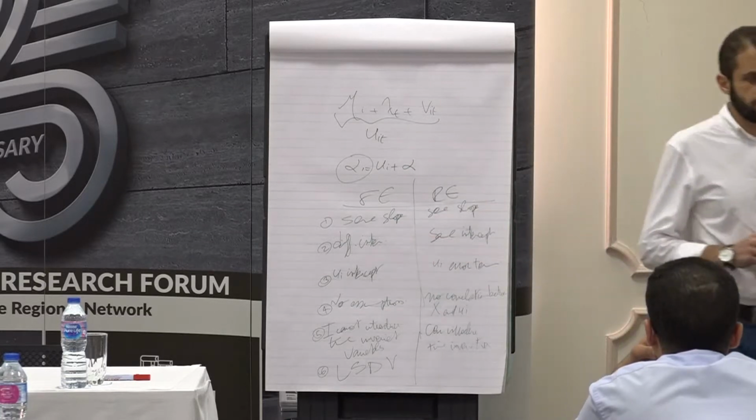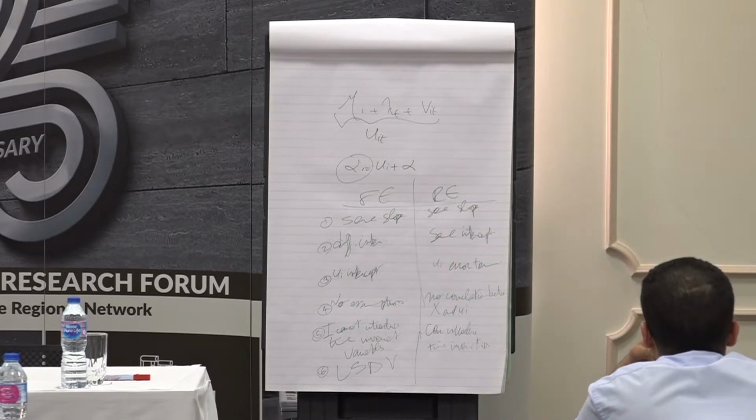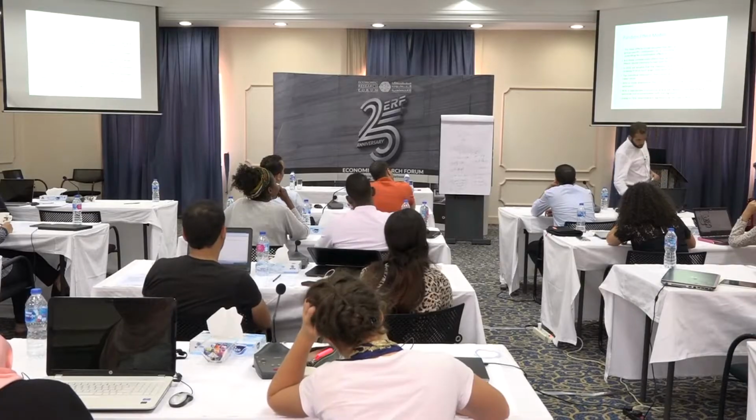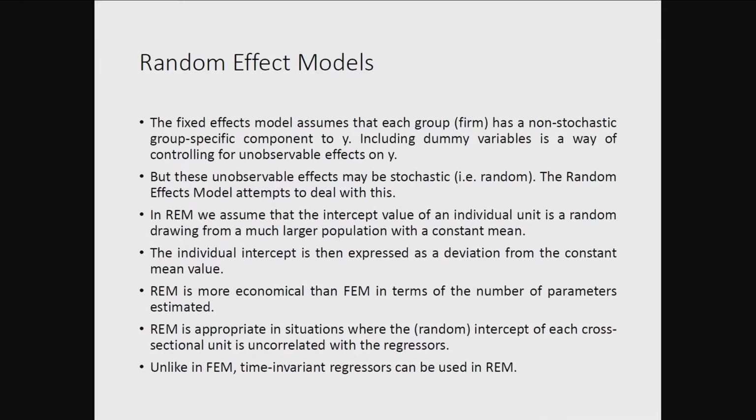What do we call the random effects? So the random effects, as I said, in this case, my individual dimension will be part of the error or a component of the error term, and the unobservable effects in this case will be stochastic, meaning that they will be random, and this is why we call them random effects.